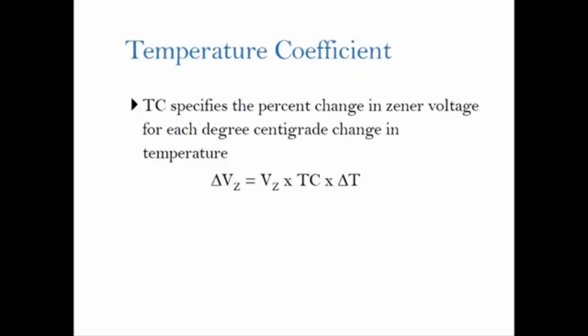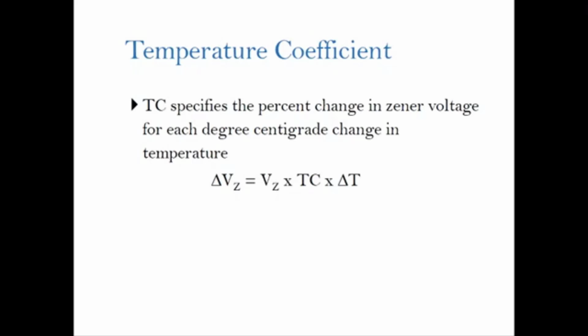Next we have the temperature coefficient, or TC. TC specifies the percent change in Zener voltage for each degree centigrade change in temperature. The value of the Zener voltage, Vz, is also influenced by the ambient temperature.